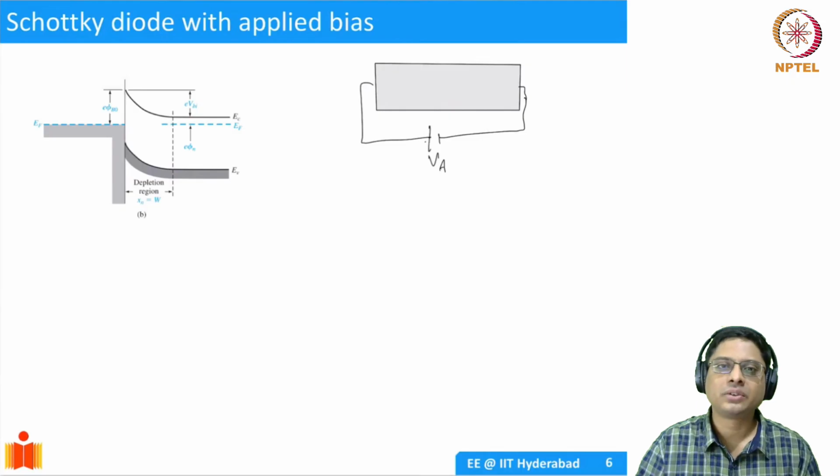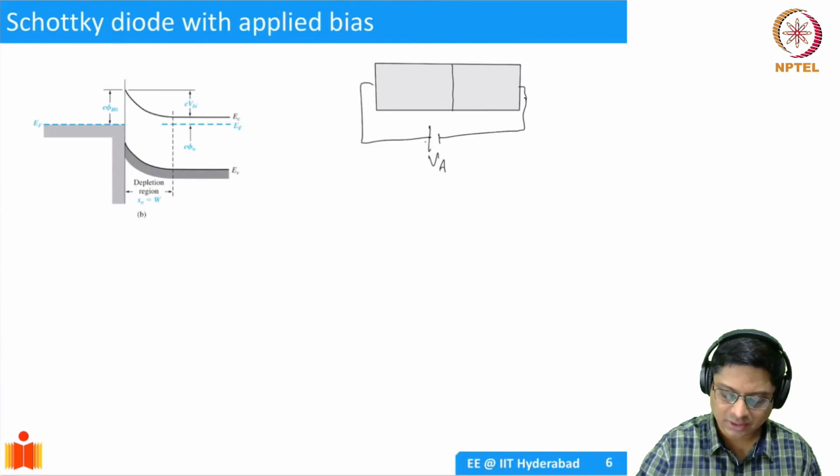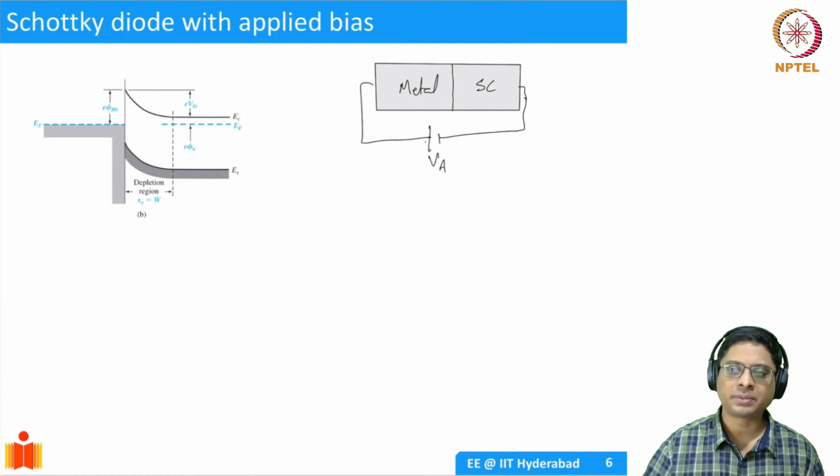Now when VA is positive, what happens? So this is your junction, and let's say this is semiconductor, SC, this is metal. And you're applying, with respect to the semiconductor, a positive voltage to the metal.